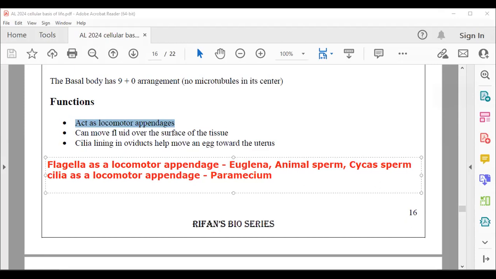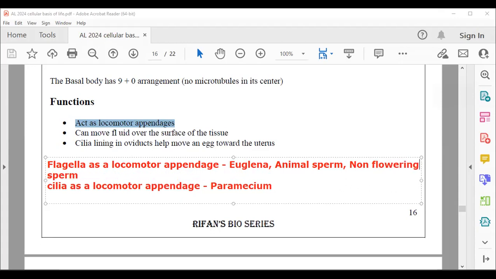Not cycas sperm, okay, non-flowering plant sperm. Cycas sperm is coming here. So, non-flowering plant sperm.